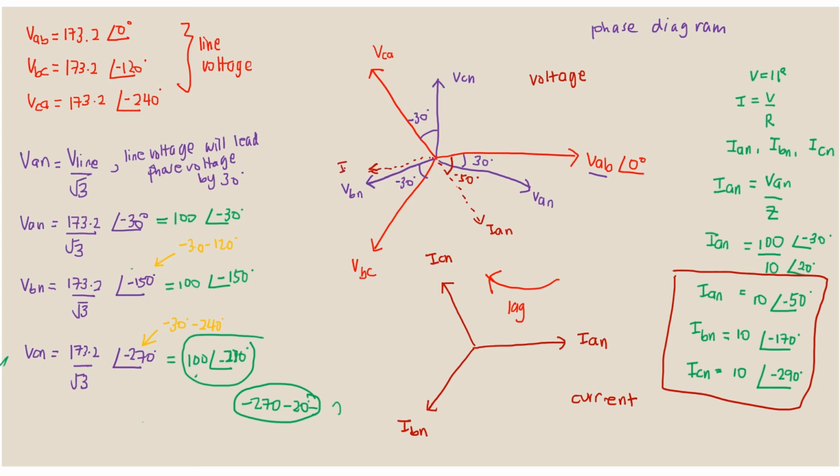That is IBN. Let's change the color. Then ICN, which is negative 290.